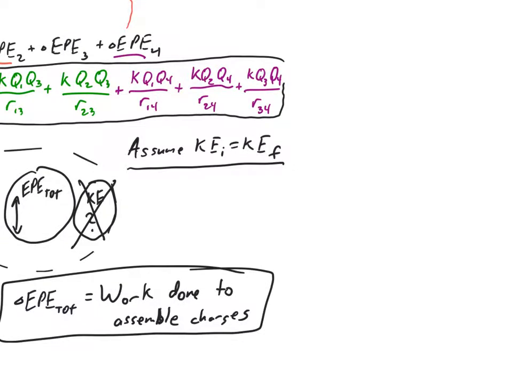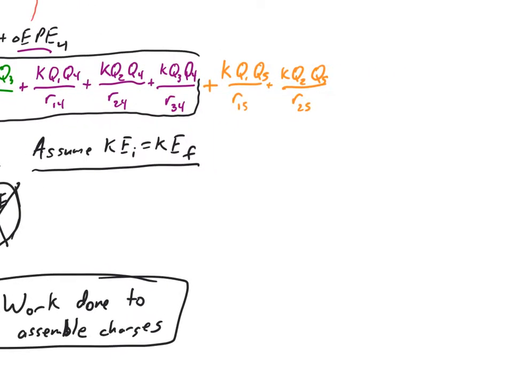Had there been a fifth charge, that's a nice orange charge, then there would be a K, Q1, Q5 over R15 plus K, Q2, Q5 over R25 plus K, Q3, Q5 over R35, and lastly, K, Q4, Q5 divided by R45.